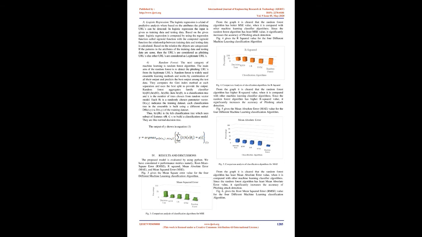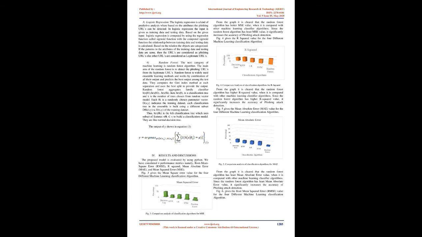In this module, the phishing URLs are given as a dataset. The dataset is further divided into a training dataset and a testing dataset. The training dataset comprises 70% and the testing dataset comprises 30%. The proposed module comprises 5 machine learning classifiers, namely, K-nearest neighbor, KNN, logistic regression, LR, random forest, RF, decision tree, and support vector machine, SVM.